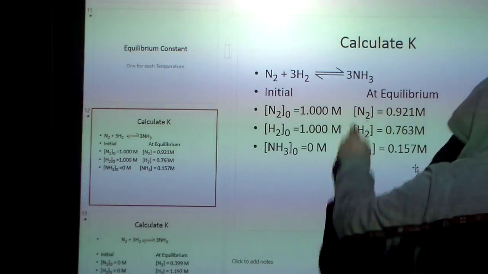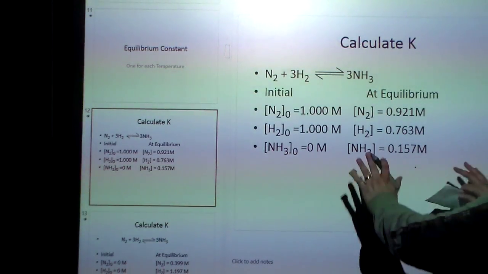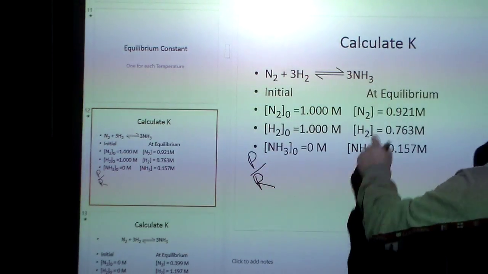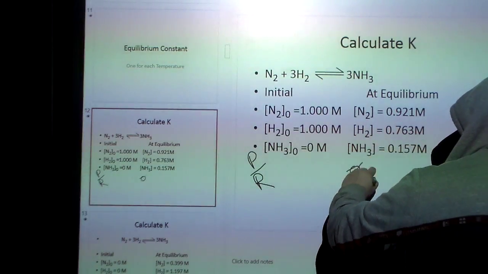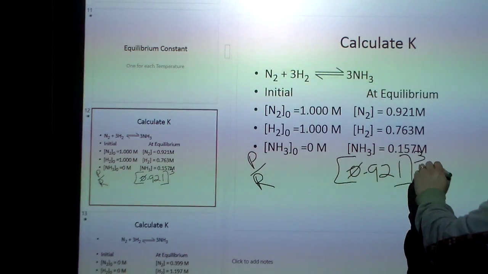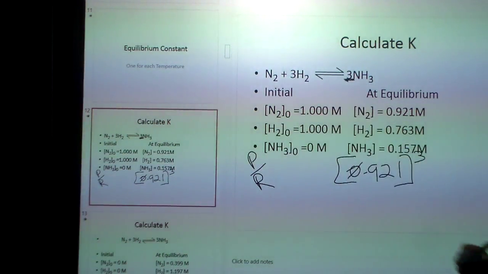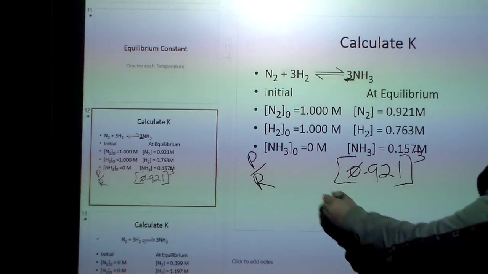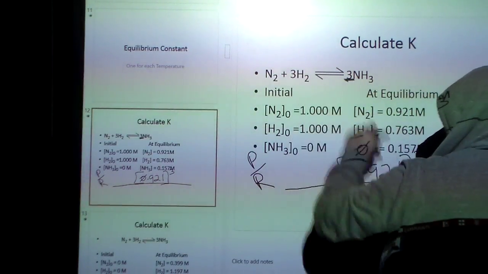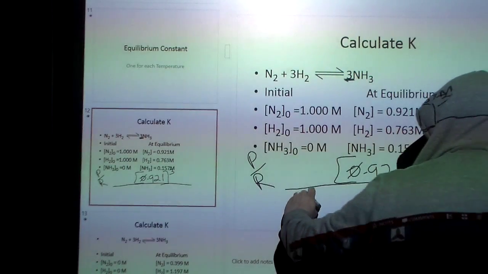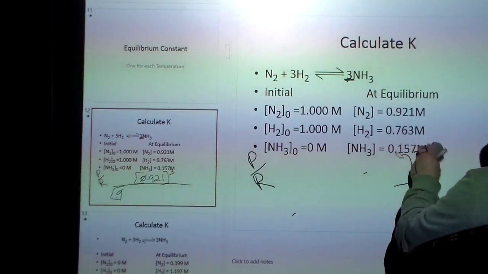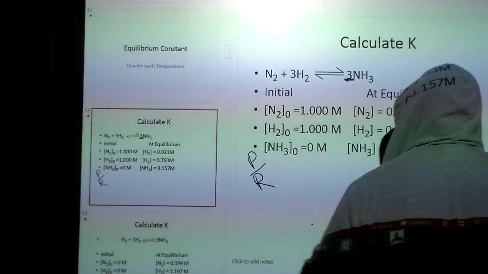I'm going to go ahead and draw it here. We know it's going to be products over reactants, so my product is going to be 0.921, and that is going to be cubed because of this coefficient here. And then we are going to divide it by our reactants. Oh, wait, I made a mistake. Hold on. Let's go back.